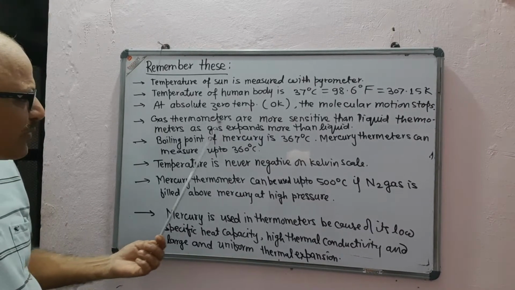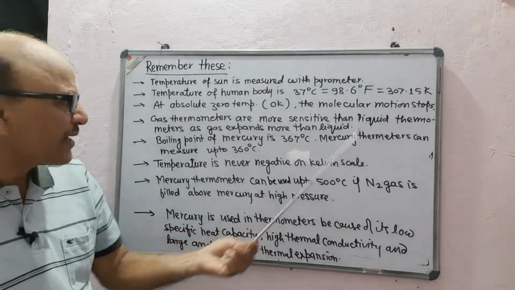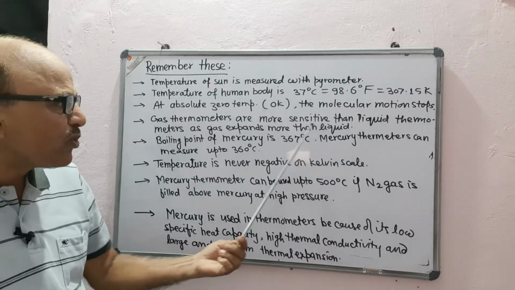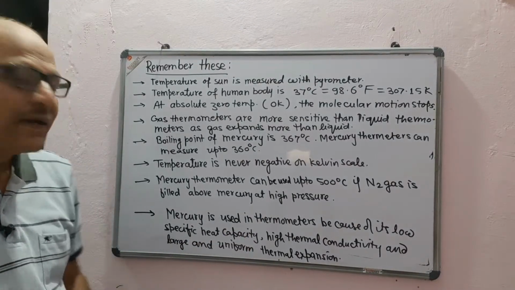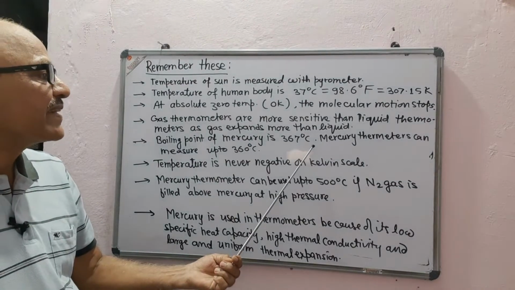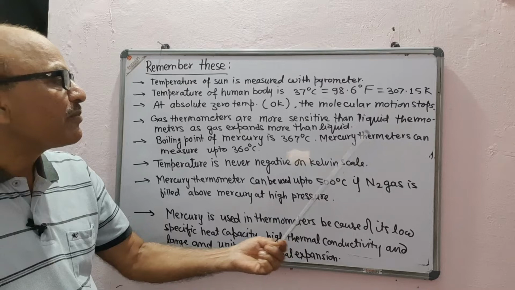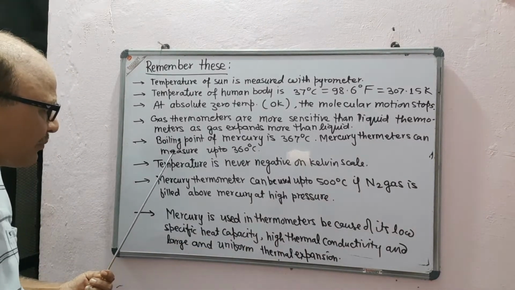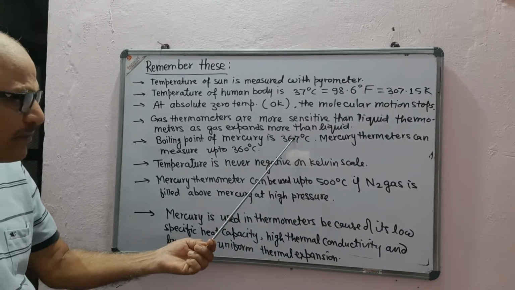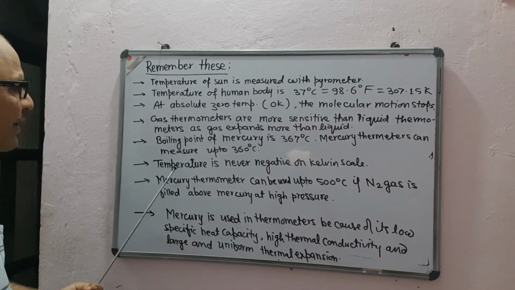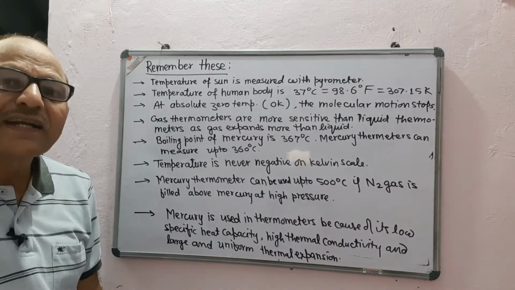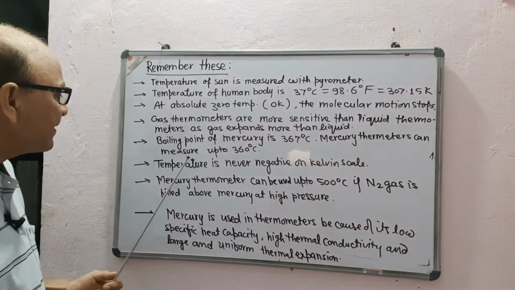Next, gas thermometers are more sensitive than liquid thermometers because gas expands more than liquid. Next, boiling point of mercury is 367 degrees Celsius. Hence, mercury thermometers can measure up to 360 degrees, which is less than the boiling point. Temperature cannot be negative on Kelvin scale.